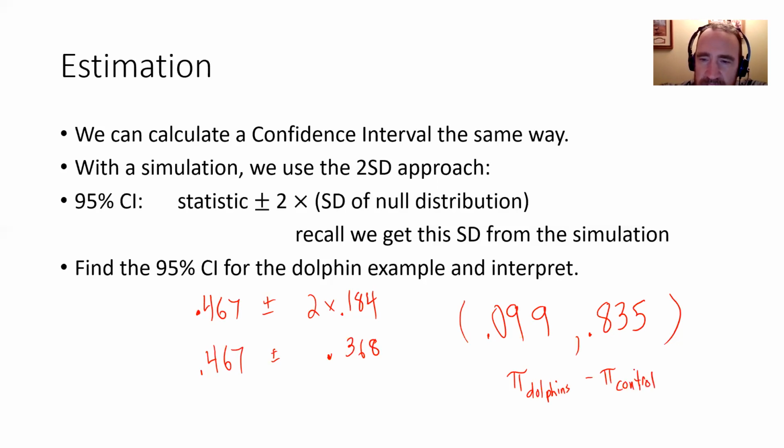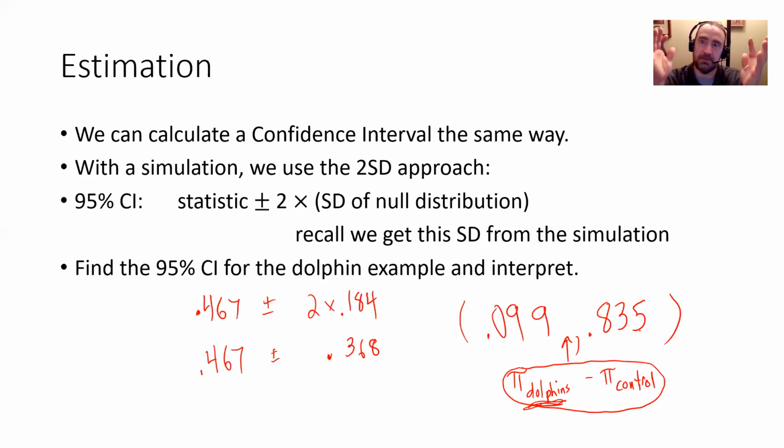The difference in success, we believe, out in the population would fall somewhere between these two numbers. In other words, and which one of these two is higher? The dolphins, right? That was more successful. So we believe we'd see somewhere between about 10% all the way up to 83% more success when folks are swimming with dolphins versus swimming with control.